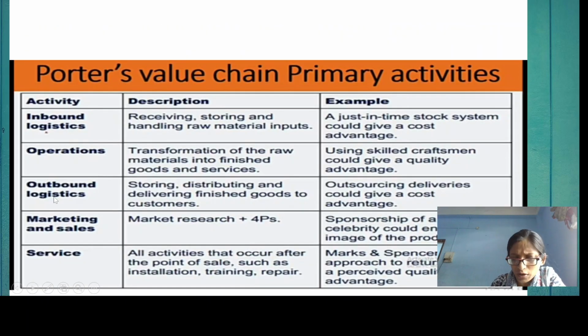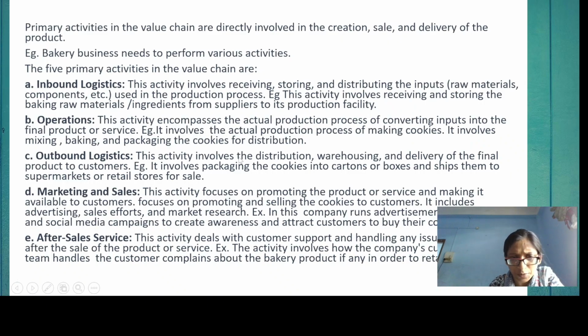And next is our marketing. Marketing and sales are very important aspects which one cannot ignore, because as we have already discussed, even though you have a good product, unless you create some awareness or knowledge about the product towards your customer, you may miss your customers.